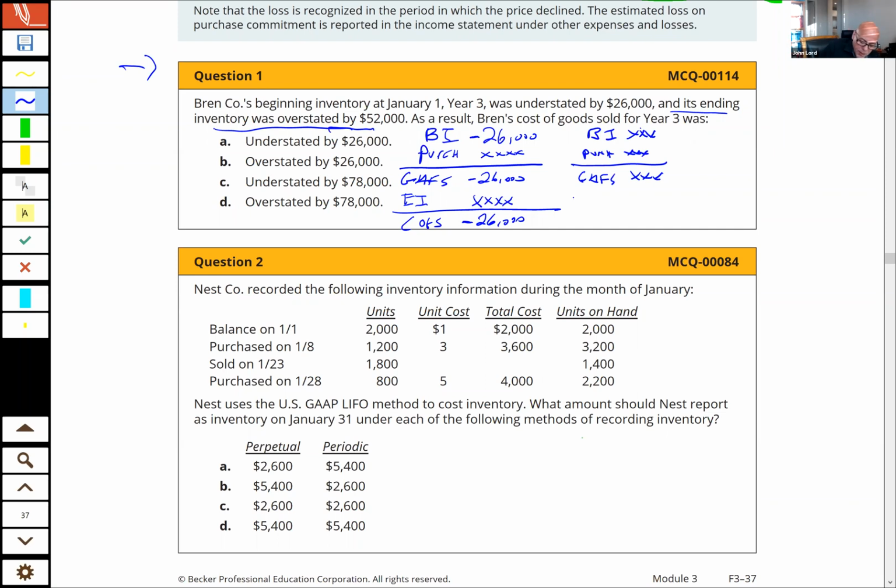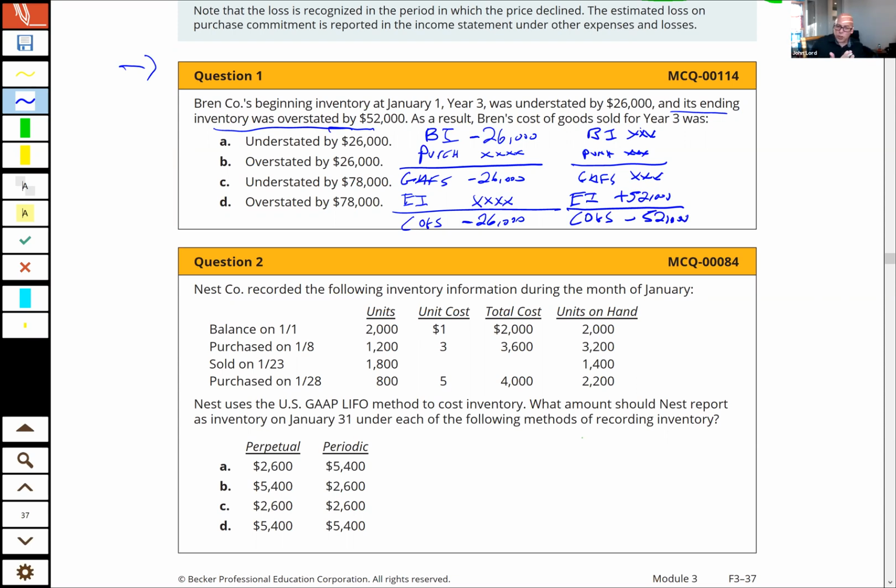That means that I subtracted in my ending inventory a number that was 52,000 too big, right? So I subtracted too big of a number from my goods available for sale, meaning that my cost of goods sold is 52,000 too little, right?